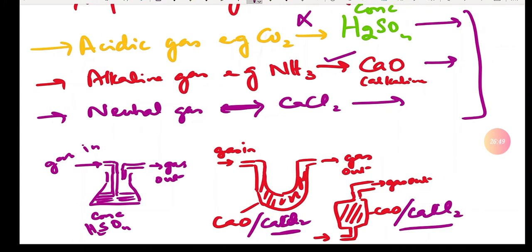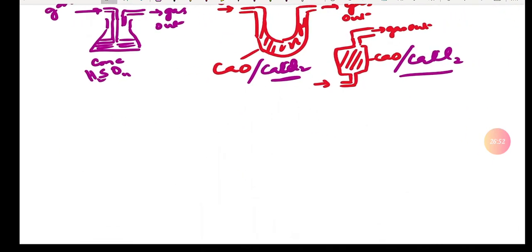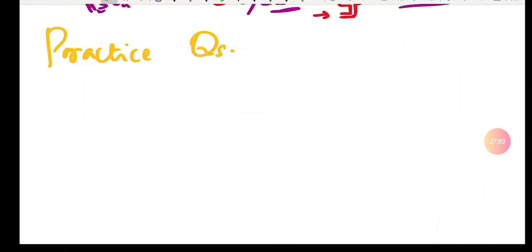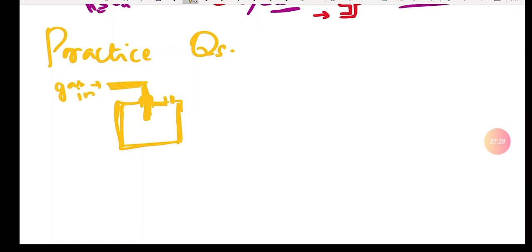Now there is a practice question for you. For example, you are given this experimental setup in which this is a gas jar and we have gas coming in from here, delivery tube, gas in.